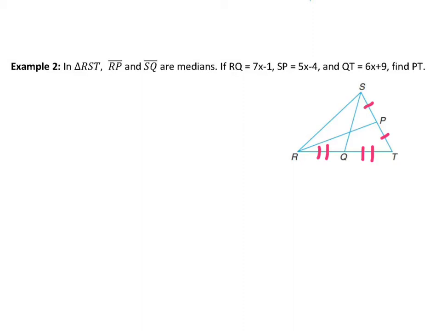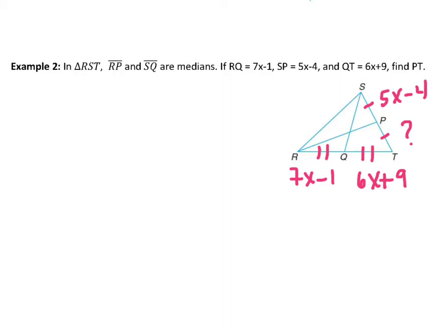Now, they told us the length of RQ was equal to 7x minus 1. SP was equal to 5x minus 4. QT was equal to 6x plus 9. And we want to find out what PT is.